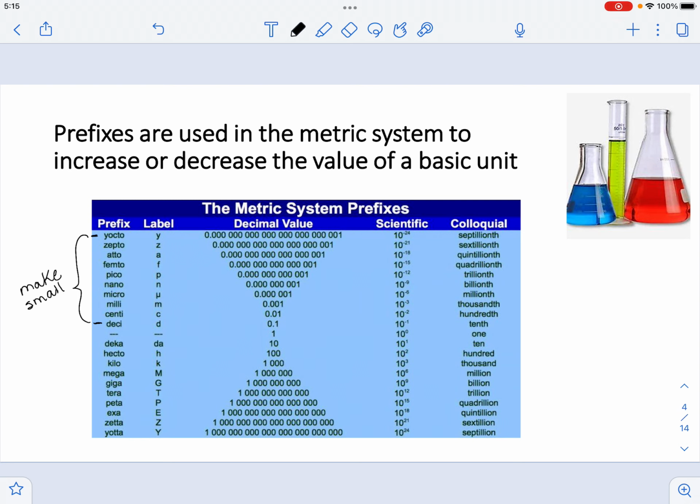Now, there are prefixes that can make that metric unit larger, and they go from deca all the way to yotta. So this makes the measurement larger.